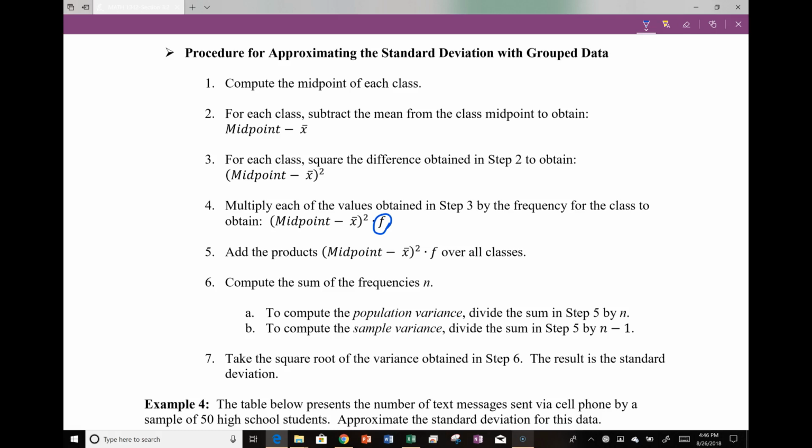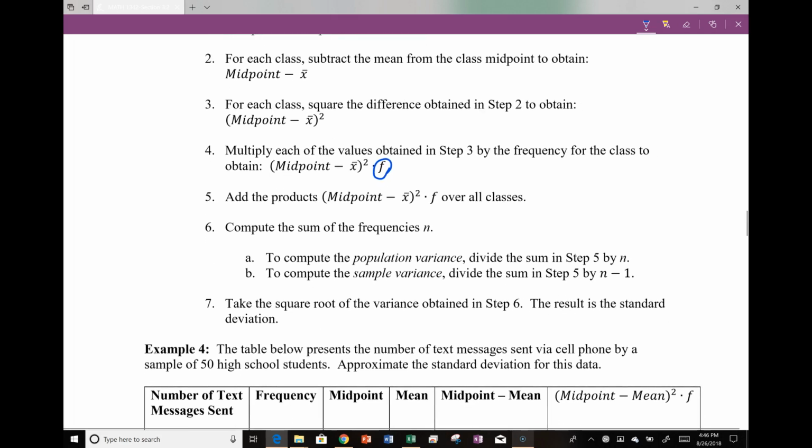I add up all the classes, and then, depending on if it's a population or a sample, I'm going to divide by N or n minus 1, and this should be a capital N. Take the square root of the variance in order to get the standard deviation.